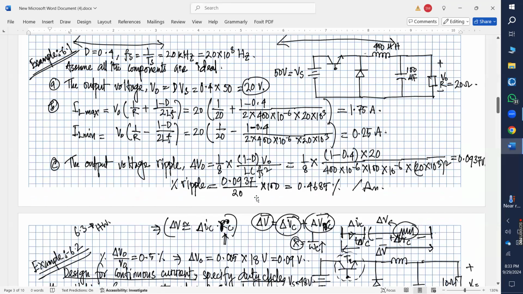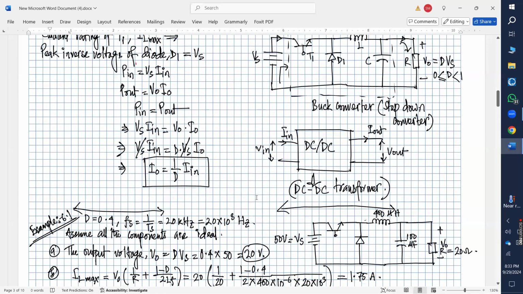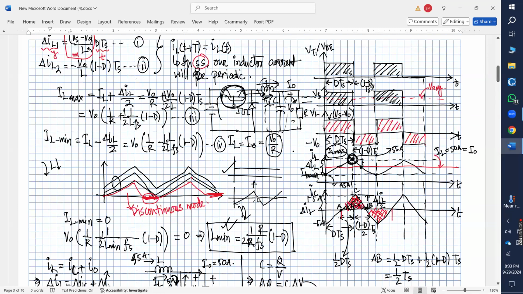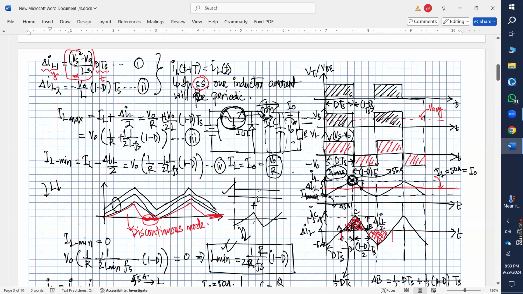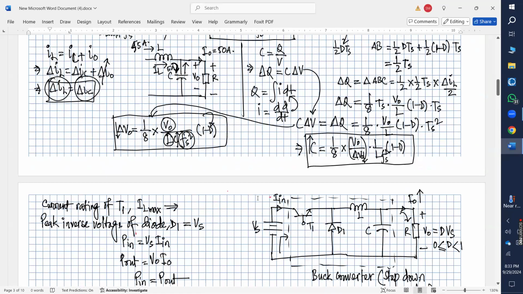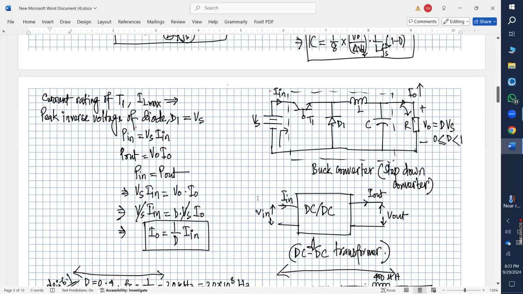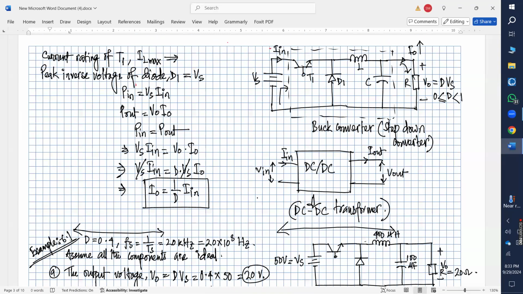In the last class, we said it should be IL max. Yeah, that should be the current rating, right? But what should be the voltage rating of this transistor? Whenever this transistor is open, the entire Vs will appear across it, right?